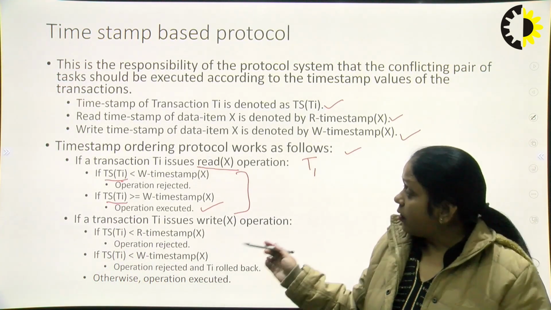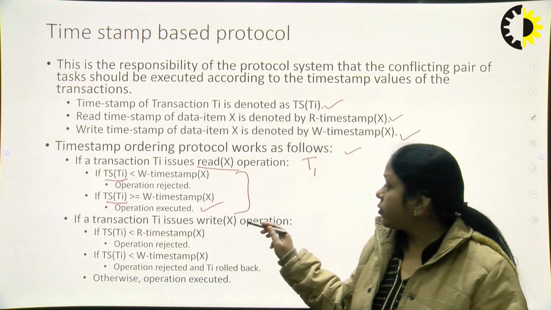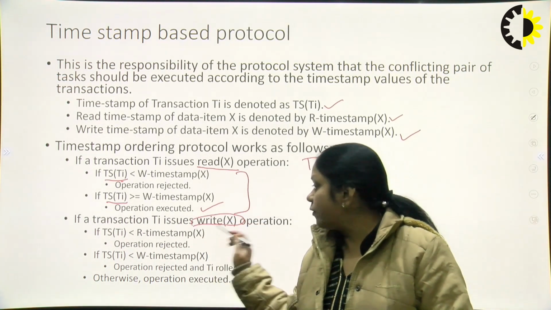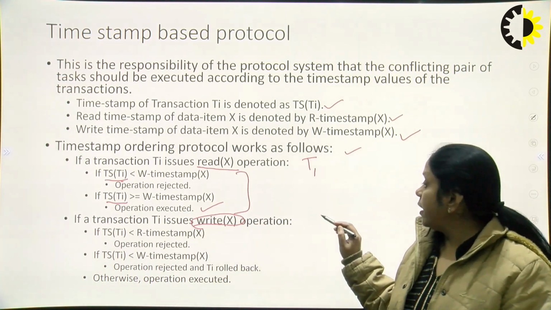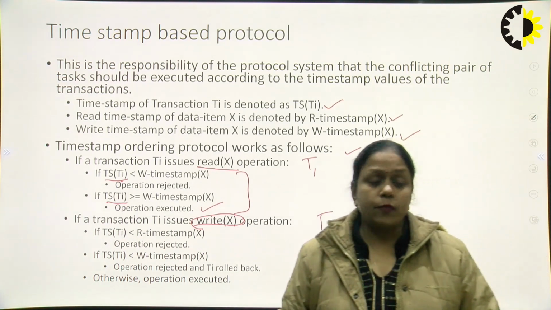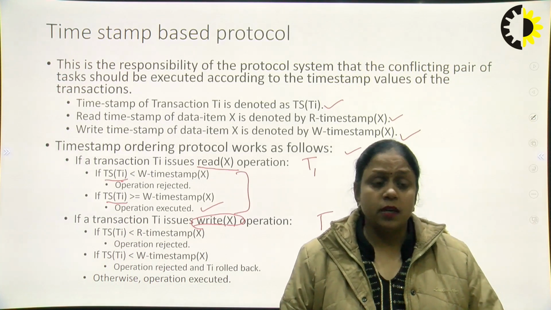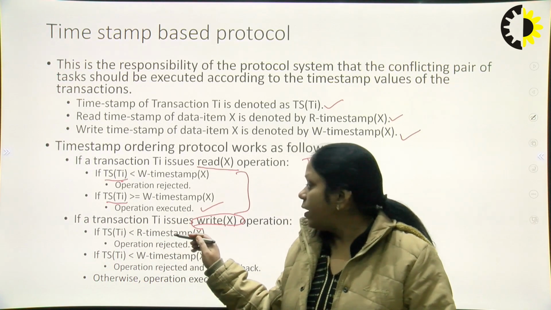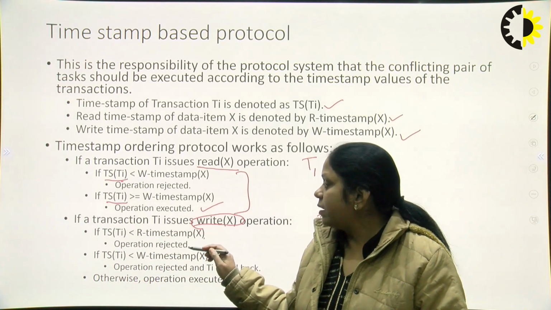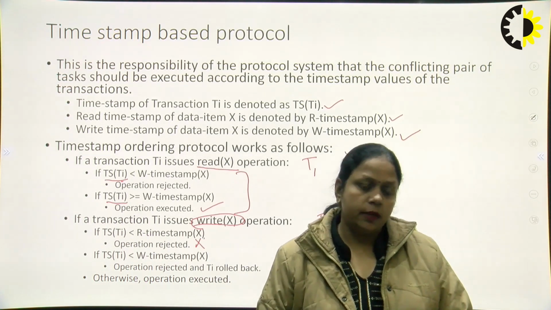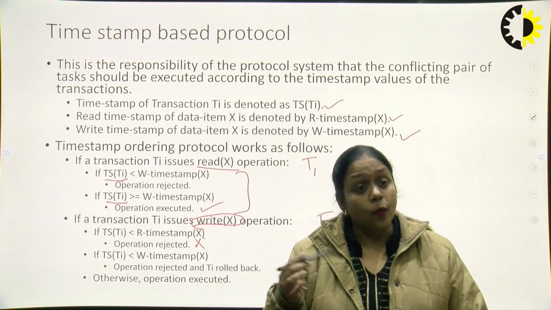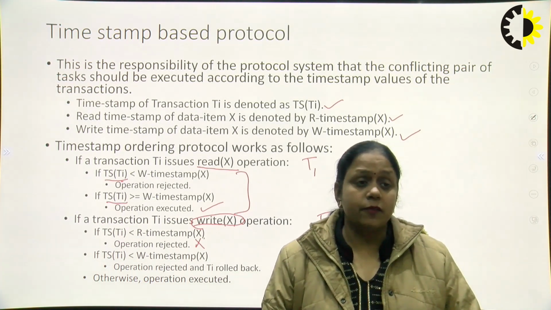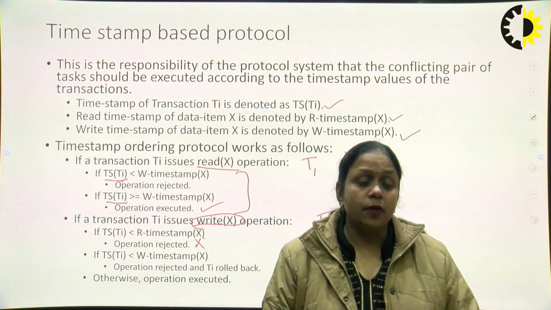Now the next rule is for when a transaction Ti issues a write X operation. If a particular transaction, for example T1, wants to perform a write operation on the data item X, then we check: if the timestamp value of Ti is less than the read timestamp of X, then the operation will be rejected, because this can be an older operation, since the read timestamp value is more than the timestamp of the transaction.